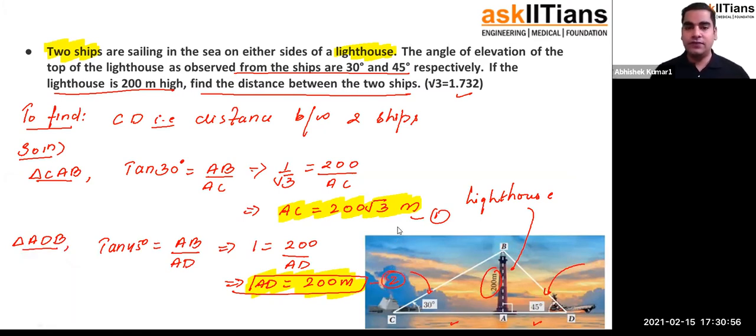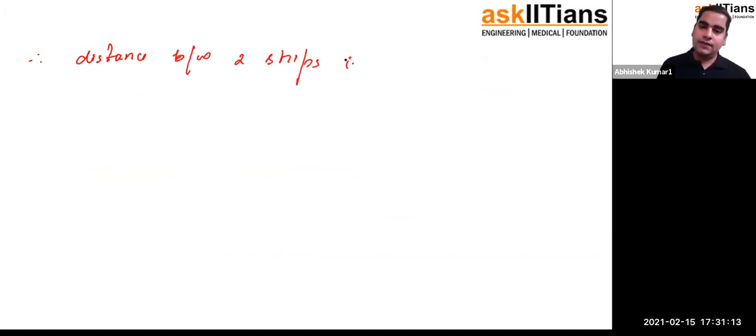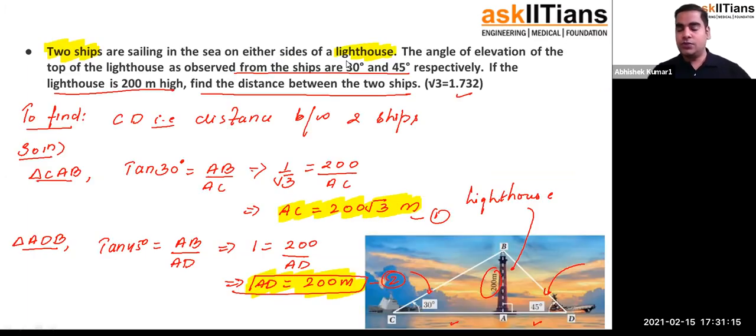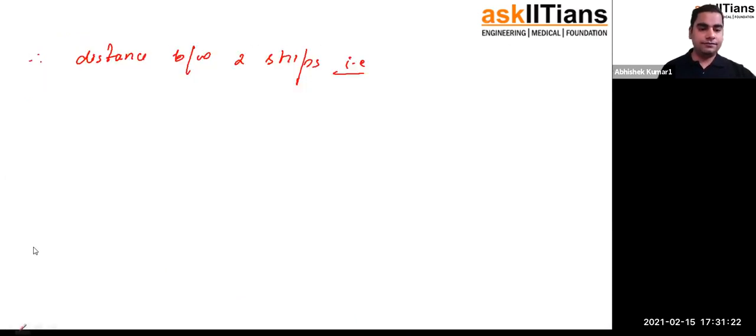So I'm going to add both of them for the answer. Therefore, the distance between two ships, that is CD, is equal to AC plus AD.